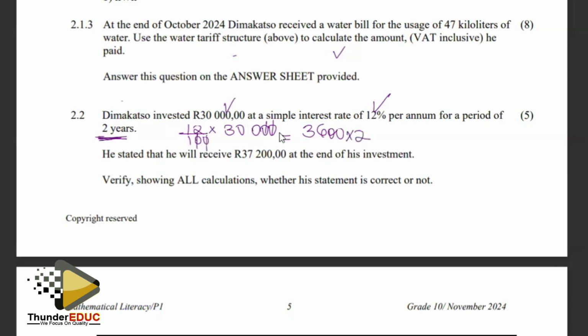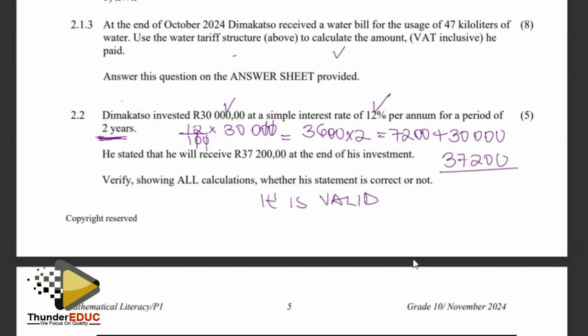So multiply this by 2 because there are 2 years, you end up having 72,000. So add on the money the person invested. So you will end up having... So you conclude and you say it is valid. It is valid.